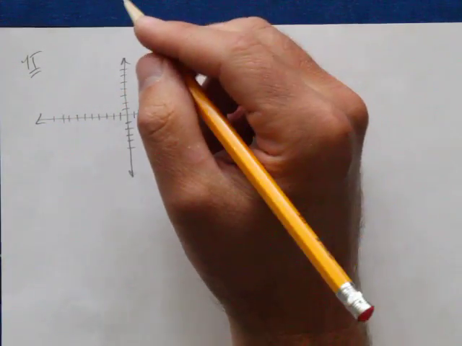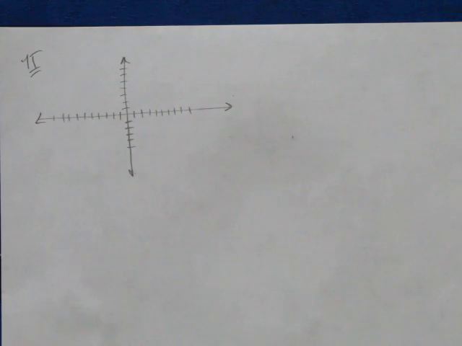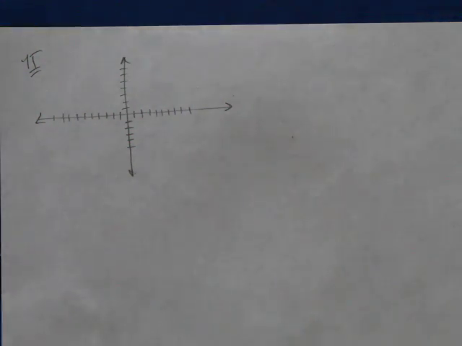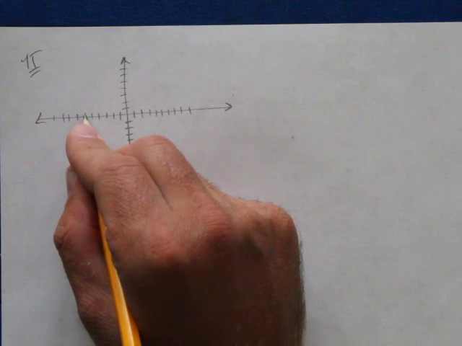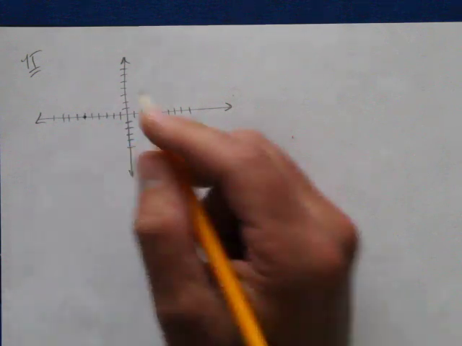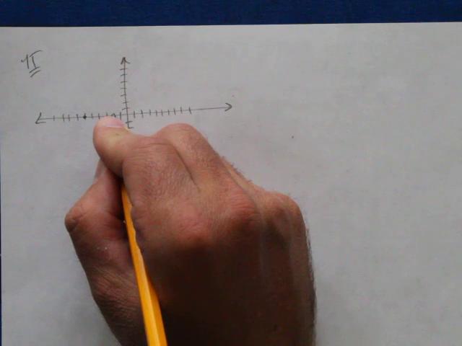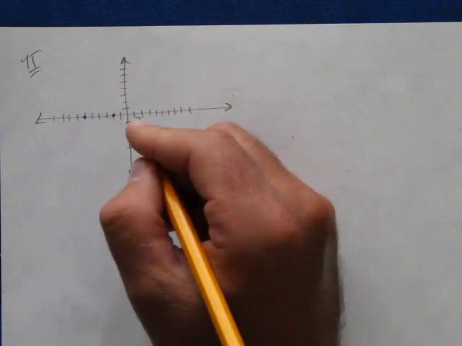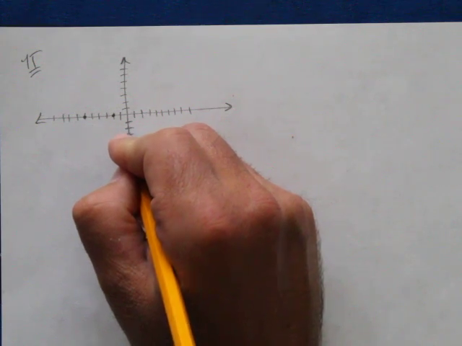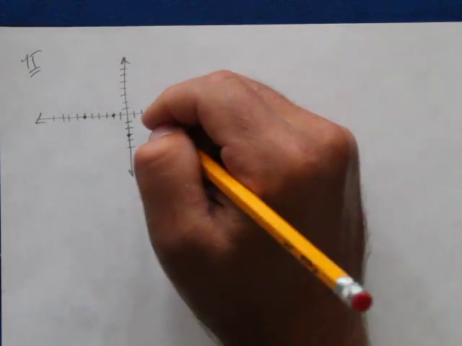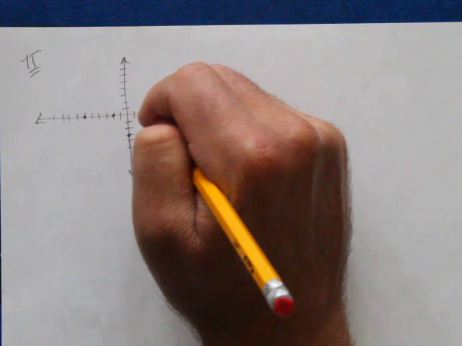Okay, we've got a few points here. So we've got 1, 2, 3, 4, 5, 6. We've got 1, 2, 3, 4, 5, 6. We've got a point right here. We've got a point at -2, 0. We've got a point at 0, -3. We've got a point at 3, 0.